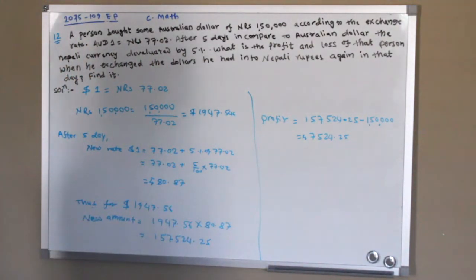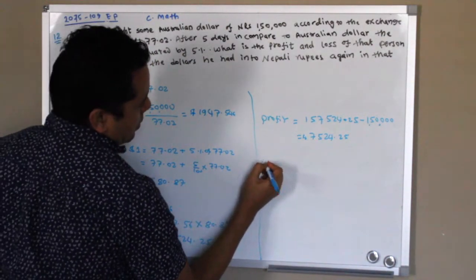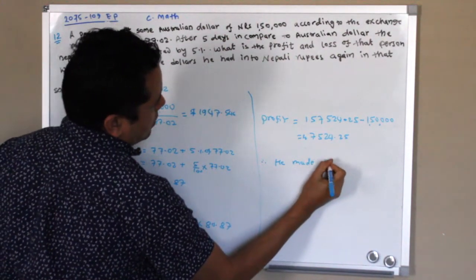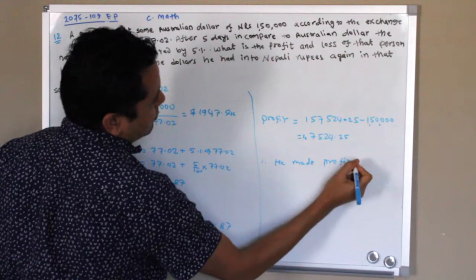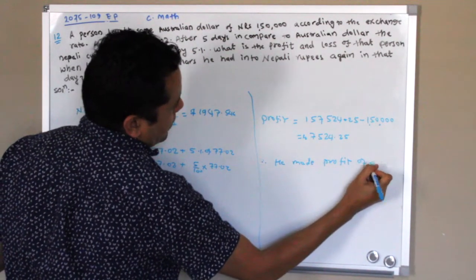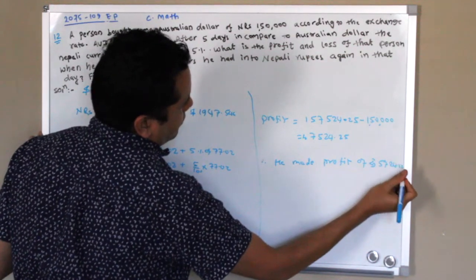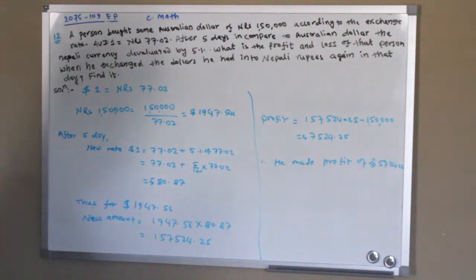So he made that much profit. So therefore, he made a profit of rupees 7,524.25.